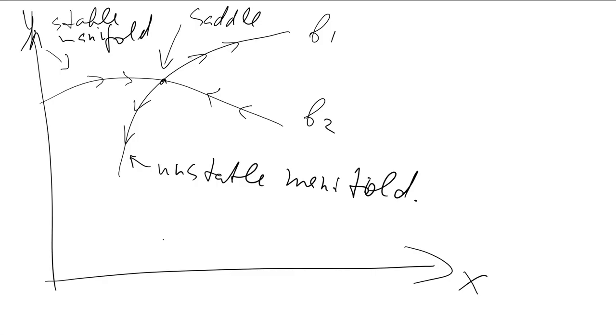Assume somewhere here we have, let's say, a stable node. So in addition to the saddle, we have a stable node.